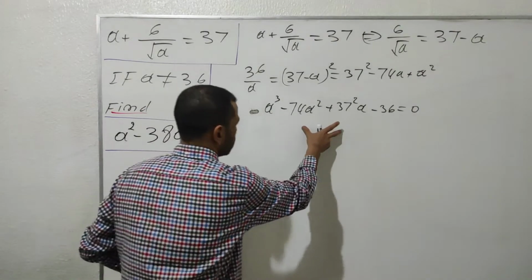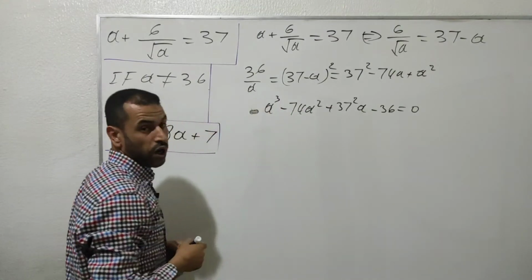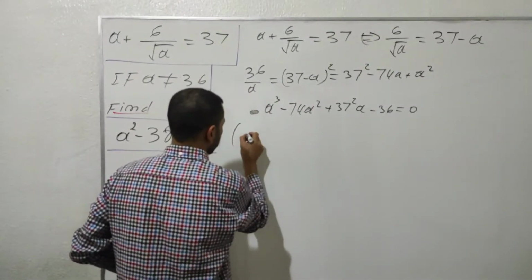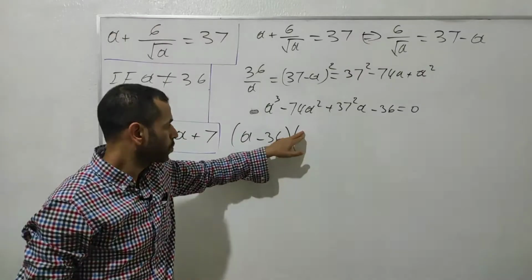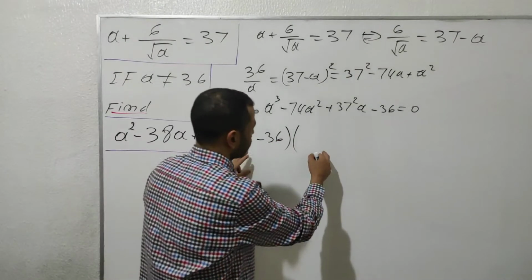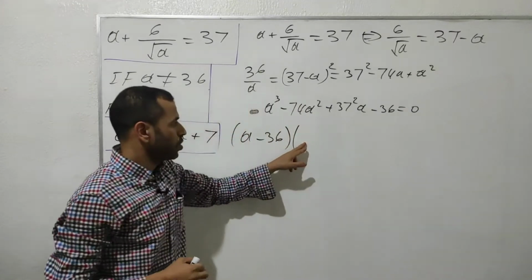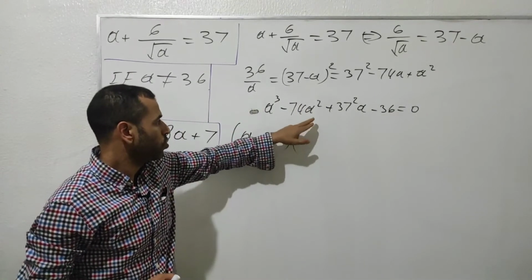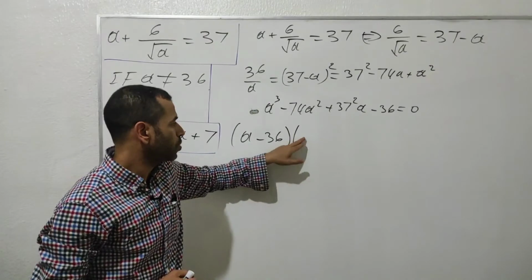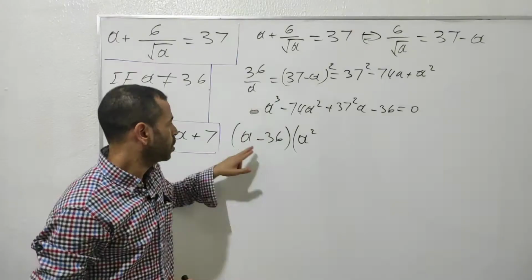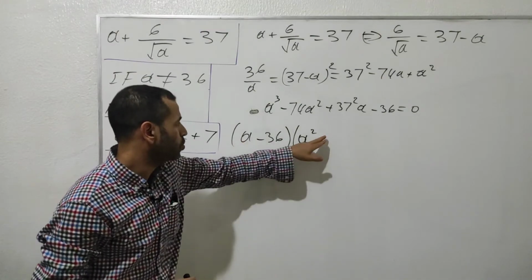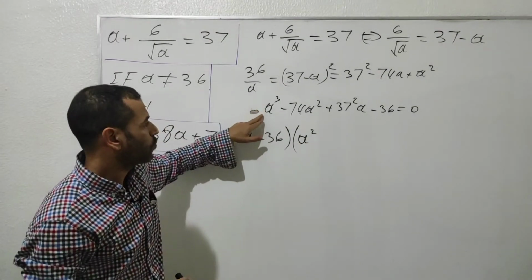Which means this polynomial is going to be factorized in this form: a minus 36 factor times a polynomial of degree 2. Which means the first term must be a squared, because if you distribute, this one is given as a cubed with coefficient 1.